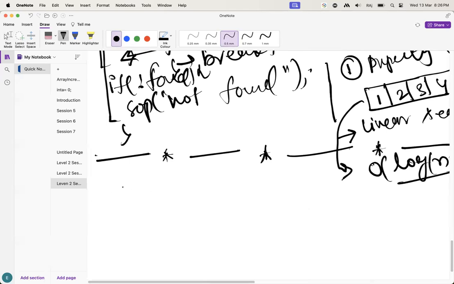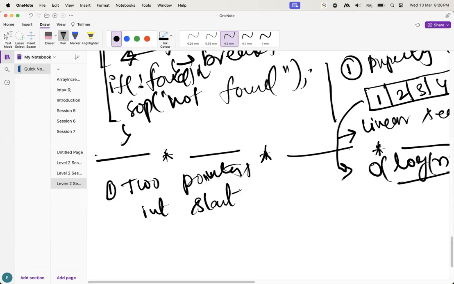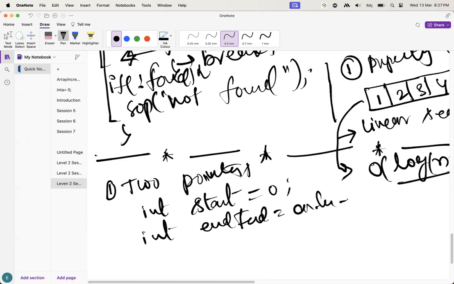Guys, you know, we are using the two pointers here. He has given one array. So I will start with the start index. I will take start index as 0 and end index as array length minus 1.